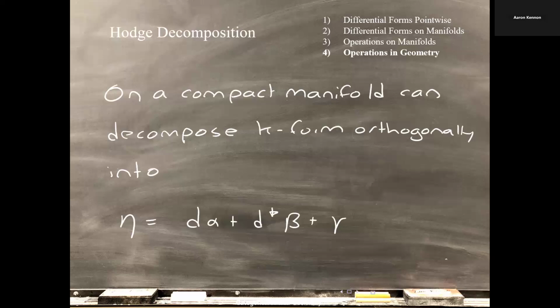So we're going to get what's called an exact piece, so it'll be a d alpha, a coexact piece, the d star beta, and then a term gamma, which is harmonic, which means it is both closed, so the exterior derivative of gamma vanishes, as well as co-closed, so the co-exterior derivative of gamma vanishes. So these harmonic forms are closely related to the topology of the underlying manifold via de Rham cohomology. And it's saying that all three of these pieces can potentially come up in the decomposition of any differential form in the compact setting.